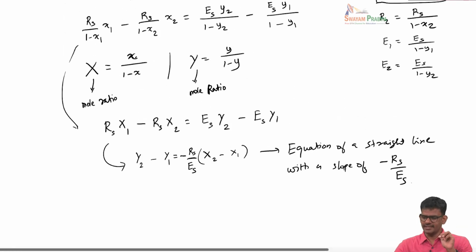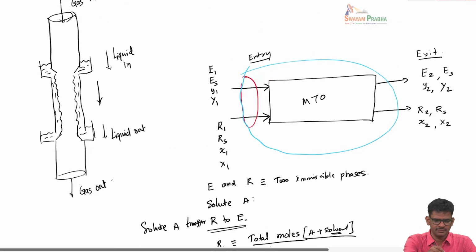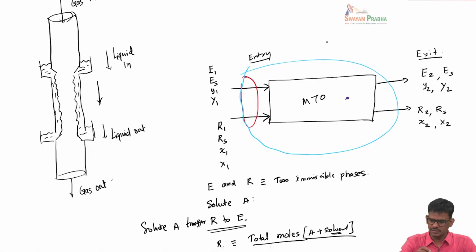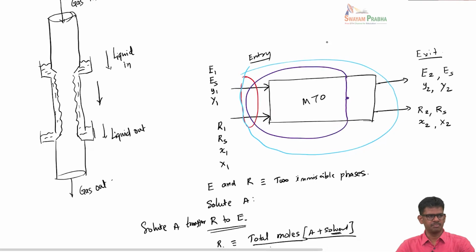Okay, so instead of the exit point, if I take a particular point somewhere here, let's say I do the mass balance only in this envelope, at one particular location. Let's look at this purple envelope, and if I do the mass balance at this particular envelope, it will be exactly the same, except that instead of y2 x2 I should be using the values of y and x here.